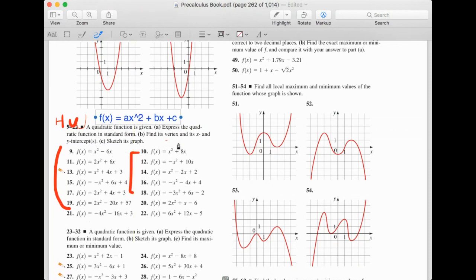All right? So figure out A, B, C, then find the vertex, x equals negative b over 2a. So try 10, 12, 14, 16, 18. Then I'm going to call you to show, all right? Or maybe you volunteer.